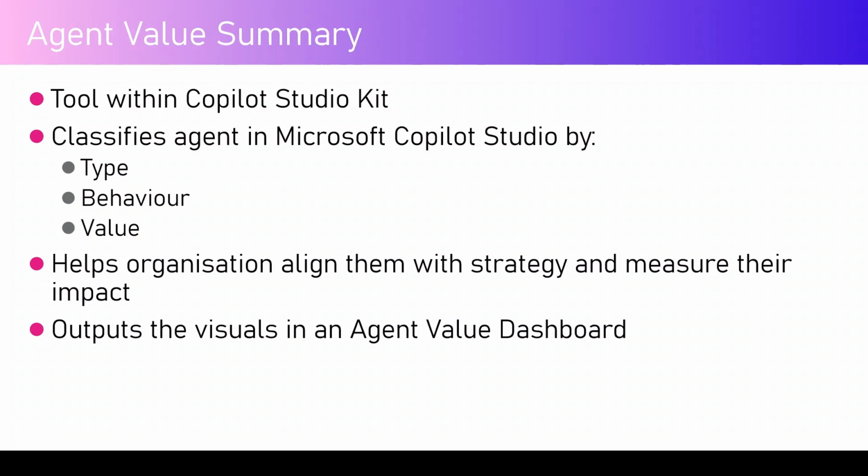Any agent you build using Microsoft Copilot Studio for your entire tenant, be it in environment 1, 2, or 3, it will scan all the agents and try to distinguish that this agent belongs to this type, this agent has this behavior, and this agent has these sort of values.